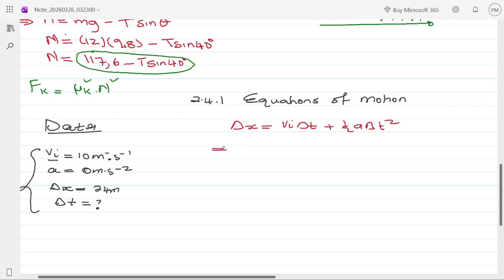Therefore, you can just do your substitution. What is delta x? 24 meters. Equate this to your v initial of 10 meters per second. Then we are looking for delta t, which is the time.